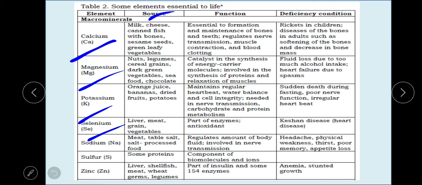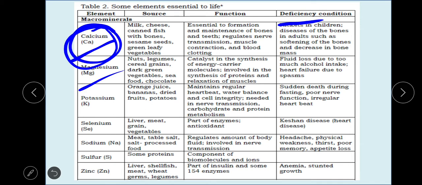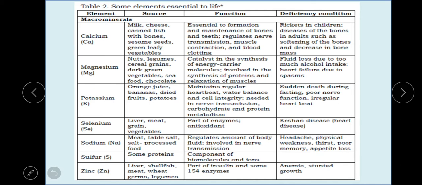Calcium and its sources, then the function, the uses, and the deficiency condition. Meaning to say, if you have this deficiency, you will eat food containing these minerals to cure this deficiency. So, it's up to you now. I will leave this table to you to read, to study, to familiarize yourself with.